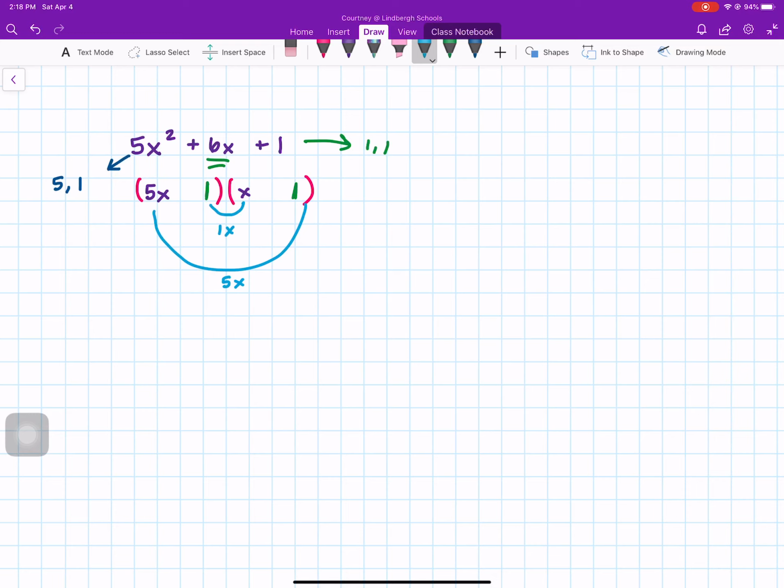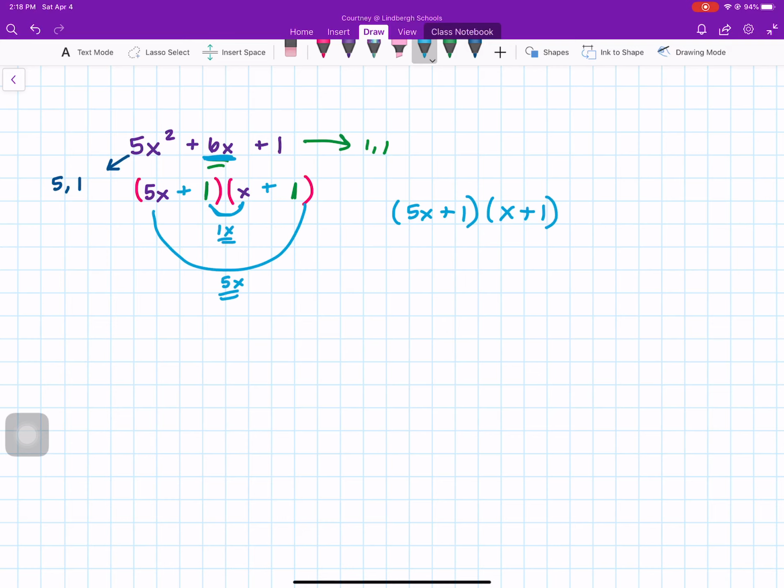My inside rainbow is 1x, my outside rainbow is 5x. So, can 5x and 1x make positive 6x? And yes, they do, by simply adding. So this one didn't actually require a lot of guessing and checking. When the numbers are small or prime, it usually makes life a little bit easier for us.